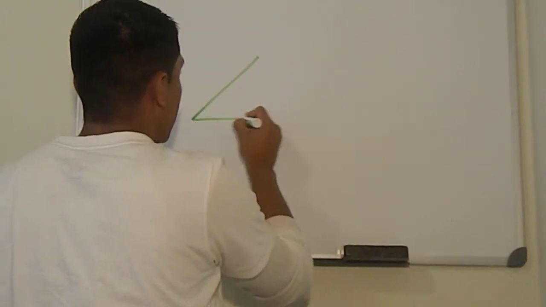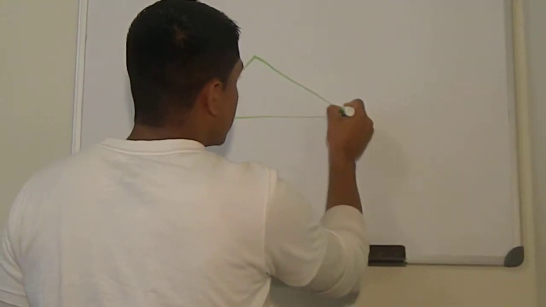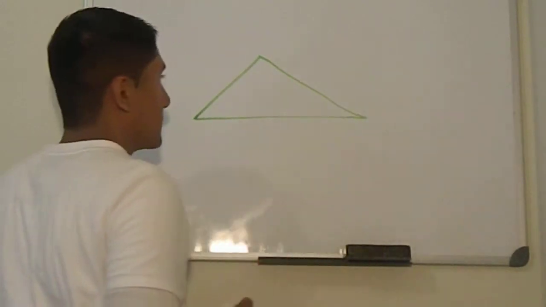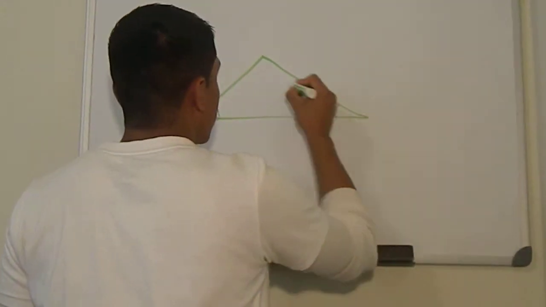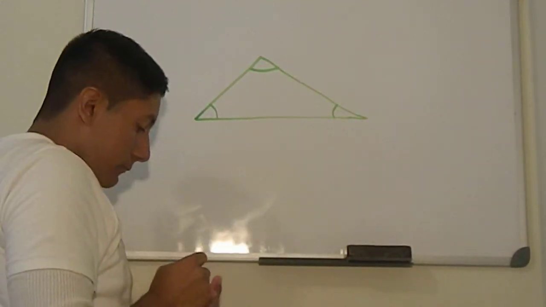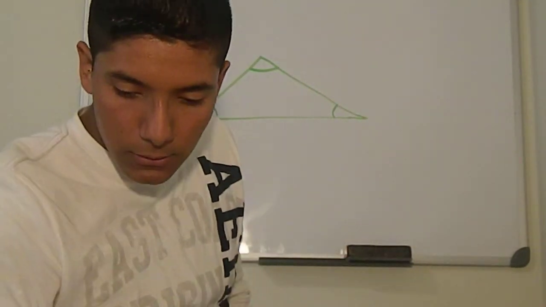Basically, what we have to do is study triangles and their sides compared to their angles.